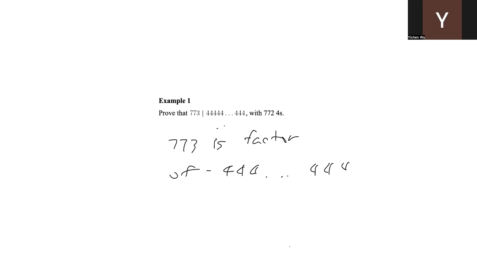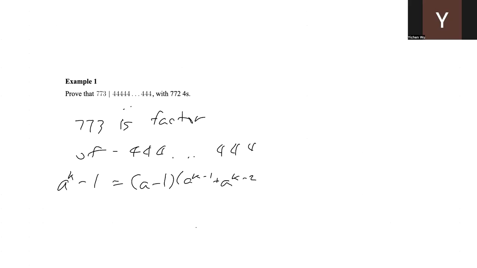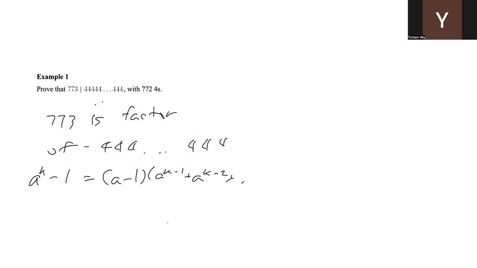Okay, I assume no one has ideas for this then. So I'll just go over this. So basically here, I'll first cover this factorization. For an expression of the form a to the kth power minus 1, we can factorize this as a minus 1 times a to the k minus 1 plus a to the k minus 2, and then plus so on, all the way to 1.